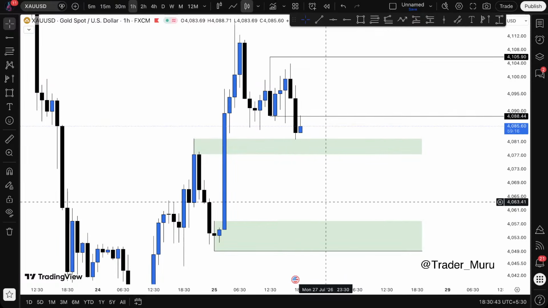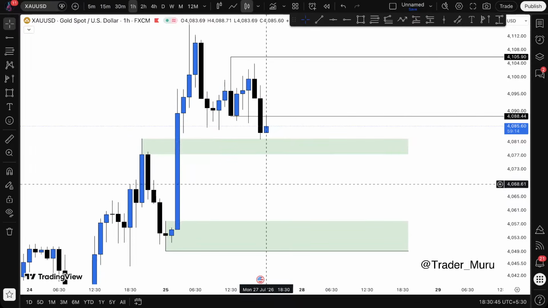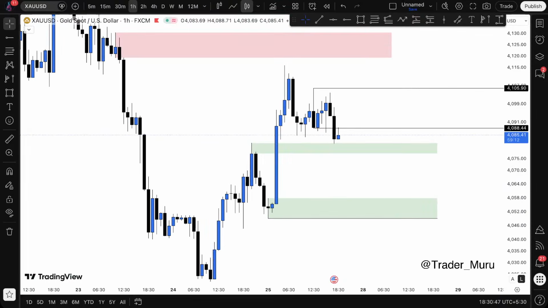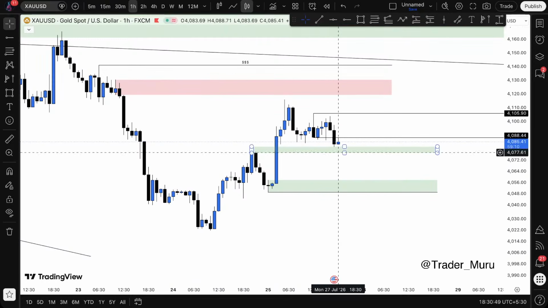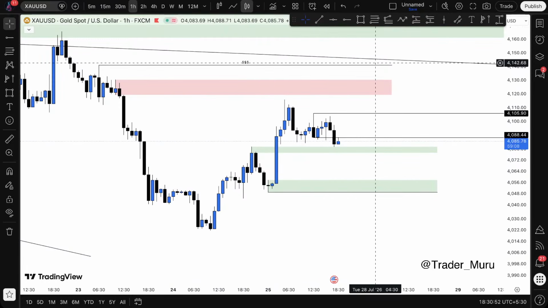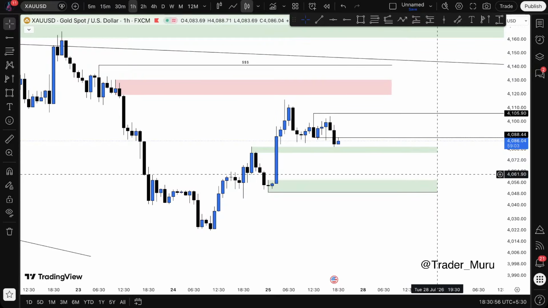Price can drop more. This will be a very rangy price action because it needs to test this area near FOMC so that it can drop from here.